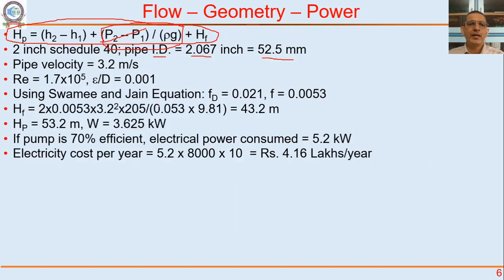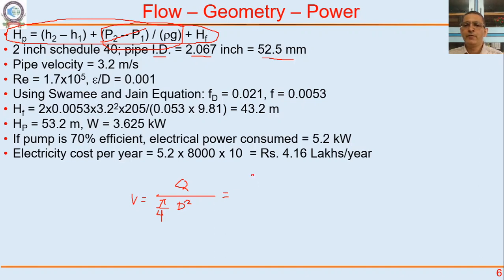Okay. We can calculate the velocity. How do we calculate the velocity? Velocity is flow rate divided by cross sectional area, pi by 4 d square. Take care of units.